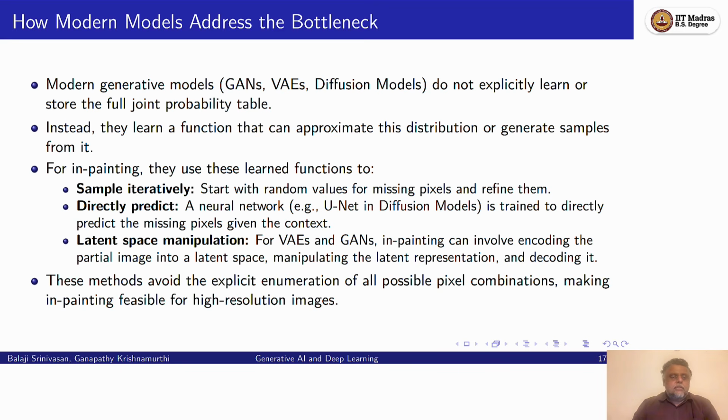So all these methods that we looked at, that is GANs, VAEs, diffusion models, they avoid this explicit joint probability table of all possible combinations. So that's why inpainting is feasible when we have very large, high resolution images.